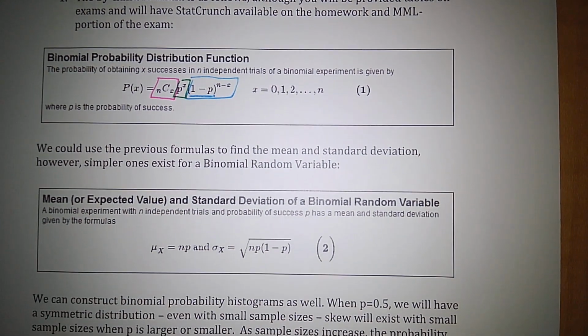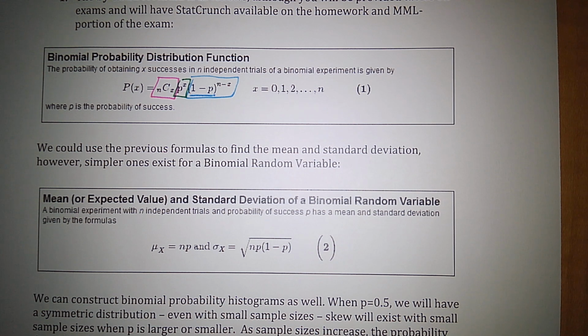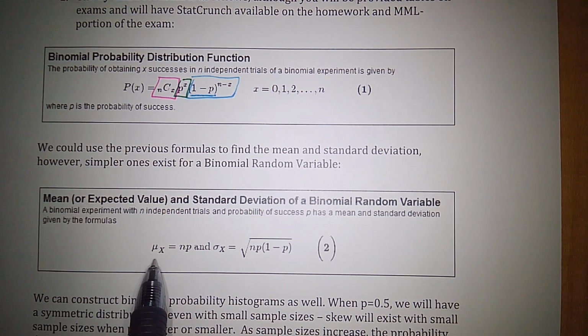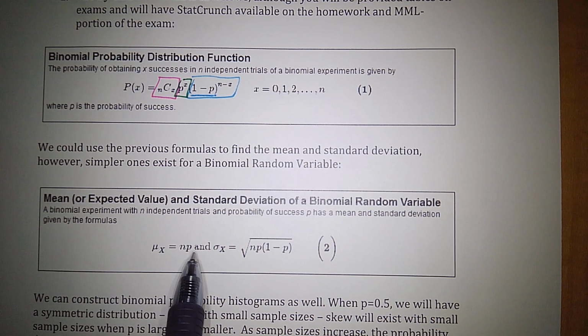We could use the previous formulas to find the mean and standard deviation back from the first section in the first video of Chapter 6. However, there are some simpler ones that exist for using binomial random variables, and they are as follows. The mean is simply just n times p. And this actually is quite commonsensical.